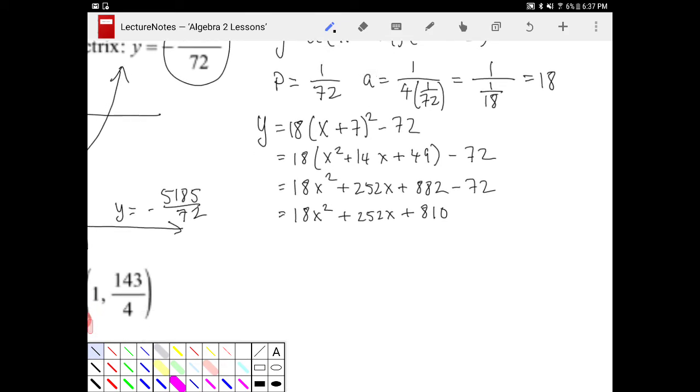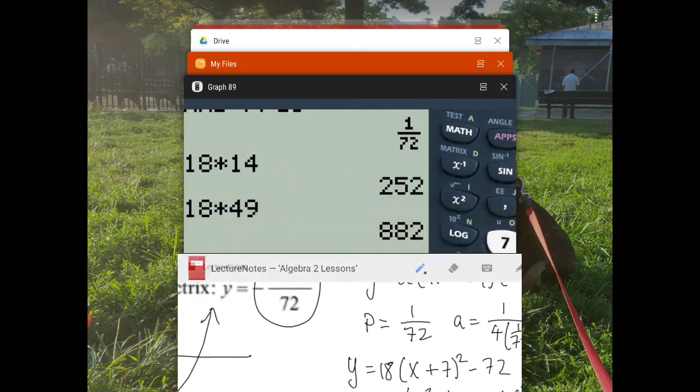I immediately noticed that there's actually a common factor of 18 that I can factor out. So this is going to be 18x squared plus 14x plus, how many times does 18 go into 810?